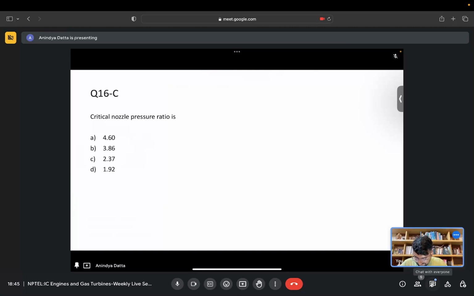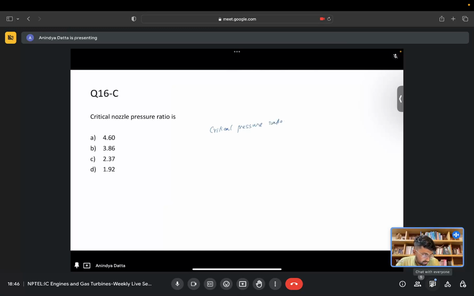Now the question is the critical nozzle pressure ratio. I discussed this when I was discussing one problem, critical temperature ratio and critical pressure ratio for nozzle. Critical pressure ratio means the pressure ratio if the nozzle is choking. It is just a straightforward application of the formula that I wrote.